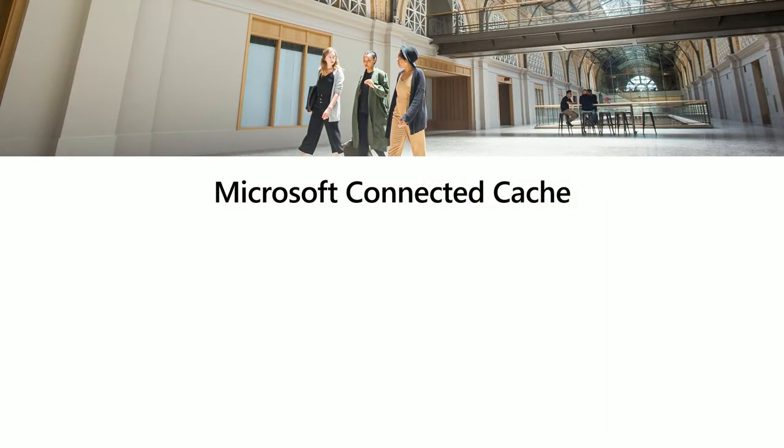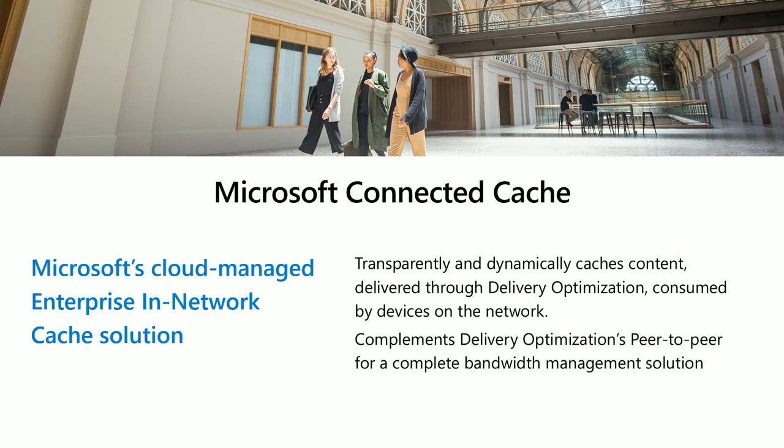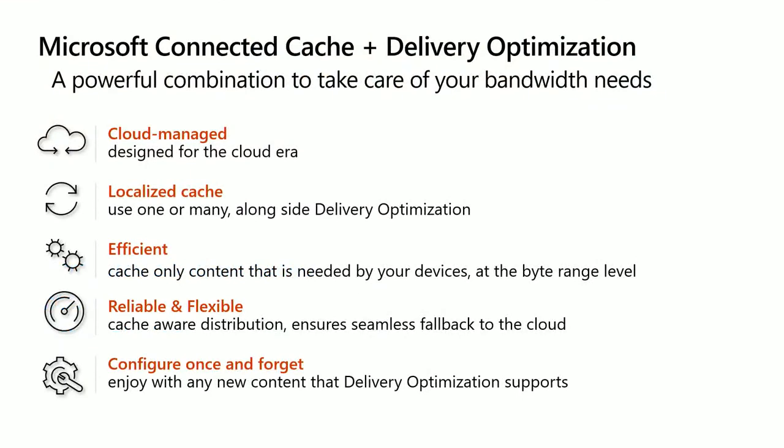So what is Microsoft Connected Cache? It's Microsoft's in-network cache solution that will work to help reduce bandwidth in your network. It's transparent, and it complements DO. So when you think about DO now, we have this great peer-to-peer solution, and now we have something to complement that.